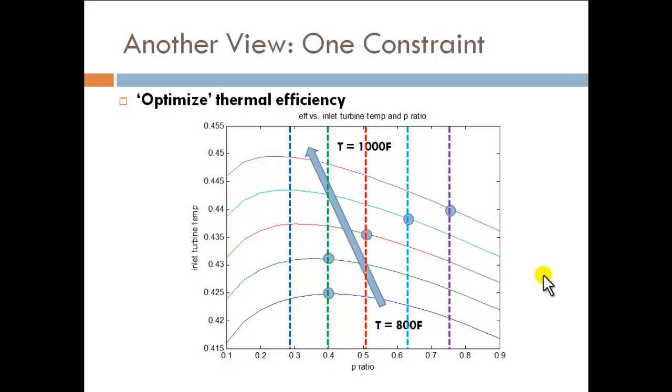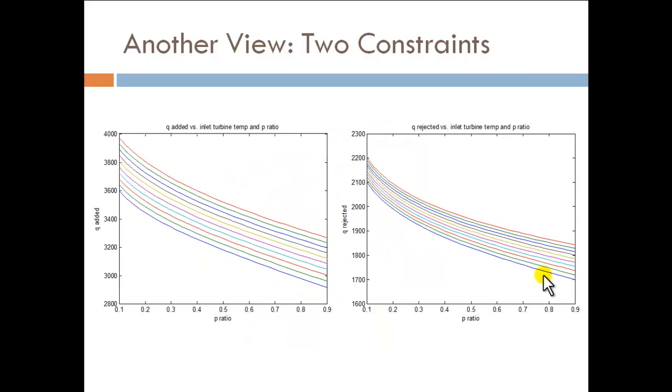Now, I want to look at the heat added and the heat rejected curves. These are the associated contour lines for the temperatures that we saw before, with more increments between the maximum and minimum temperatures. And I want to impose two constraints, not just one as we did before, and that was a very simple graphical problem to solve.